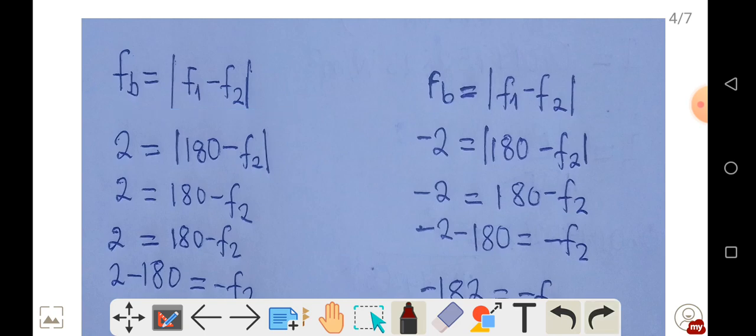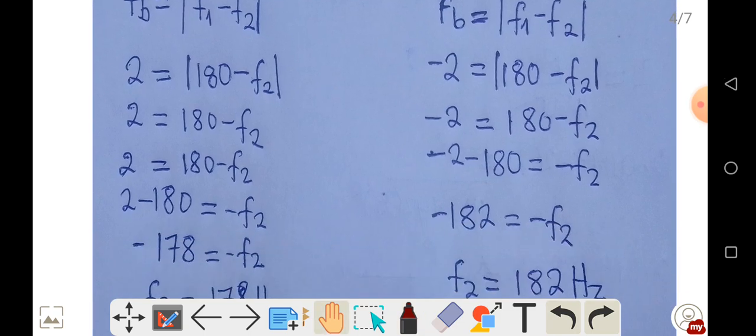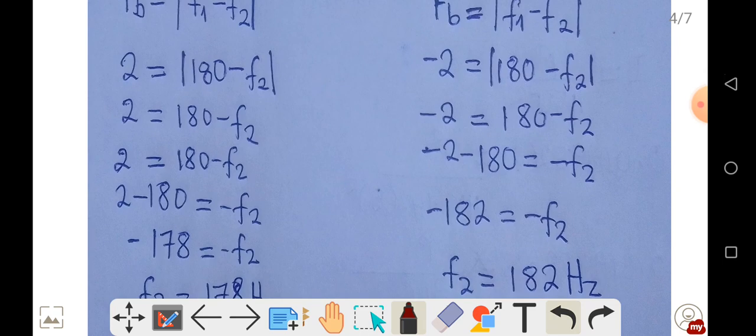They've given us the beat frequency of 2 beats per second, so we'll consider this frequency to be positive. When we do that, we substitute 2 where there's a beat frequency, as we have done here.